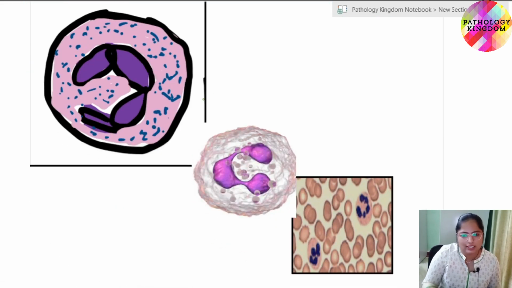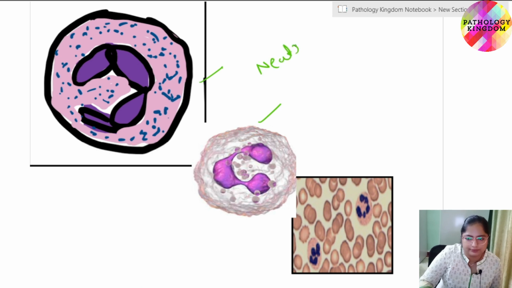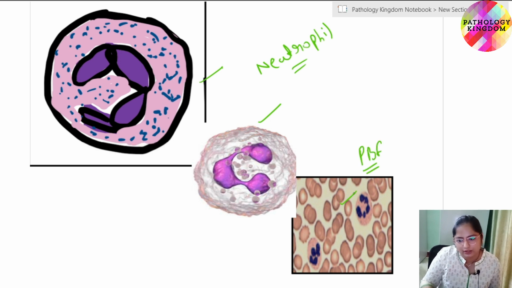Now this is the diagrammatic representation of neutrophil, and this is the peripheral blood film having neutrophil. As we know, it is multi-lobed.